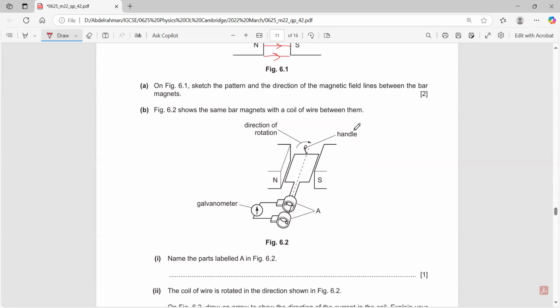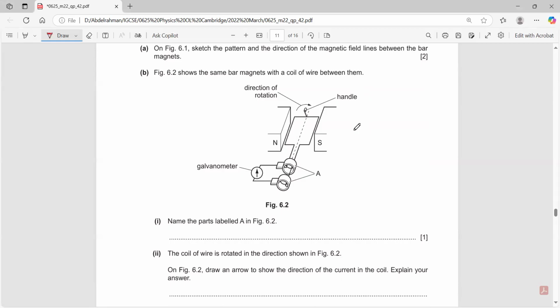Figure 6.2 shows the same bar magnets. Name the parts labeled A. What is A? Can you say that this is a split ring commutator? No, it's not. Why isn't it a split ring commutator? Because this is a generator.